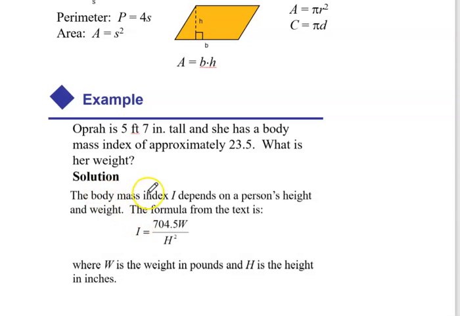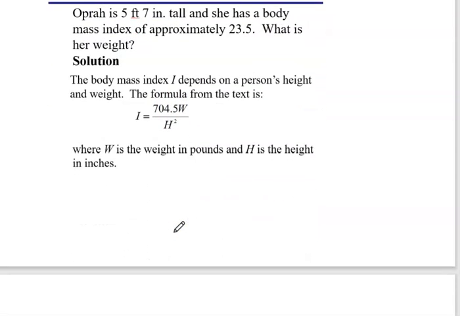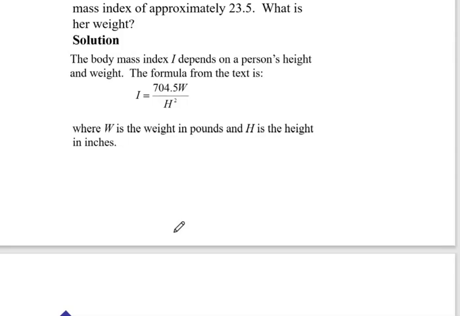The body mass index is I, and the formula is 704.5 times W, and W would represent the weight. It says right here weight in pounds, and H is the height in inches. Now we've got to be careful about that because the information we've got is in feet and inches squared.